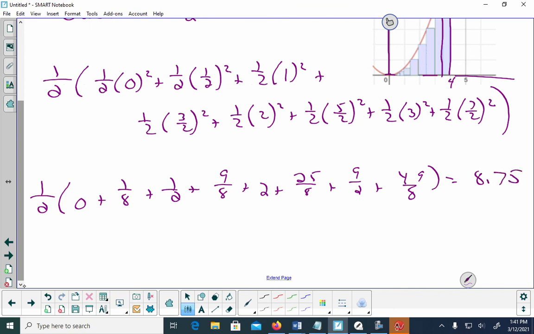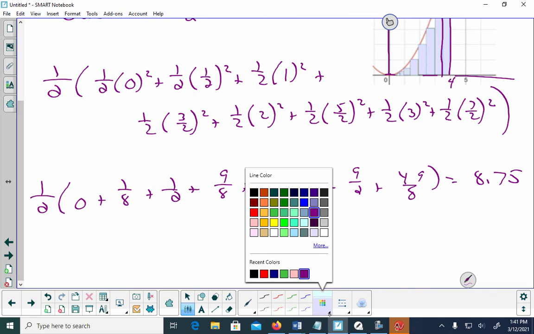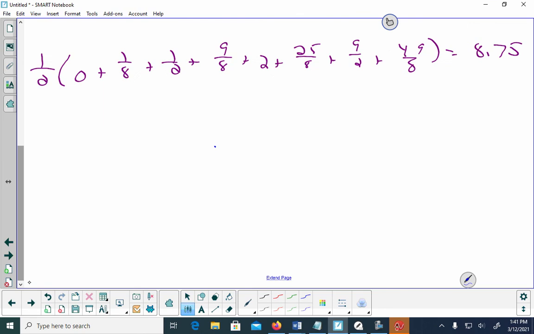I'm wondering if any of you thought to go back to our sigma. So I can do it this way, and that's perfectly fine. I'm wondering if any of you went back into our archives of what we've learned to do this semester and put the 1/2 out here and did the sigma notation. Start with i equal to 0, and then do 1/2, because the function is 1/2, and then i squared.